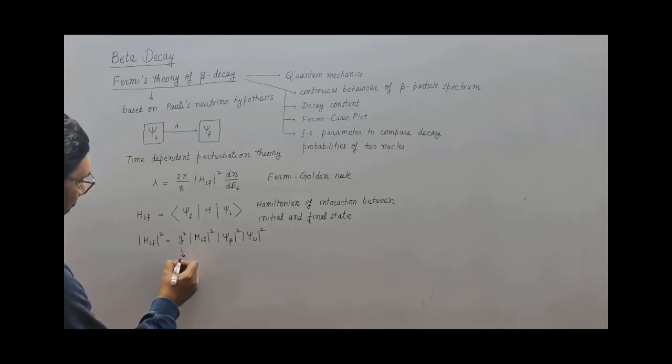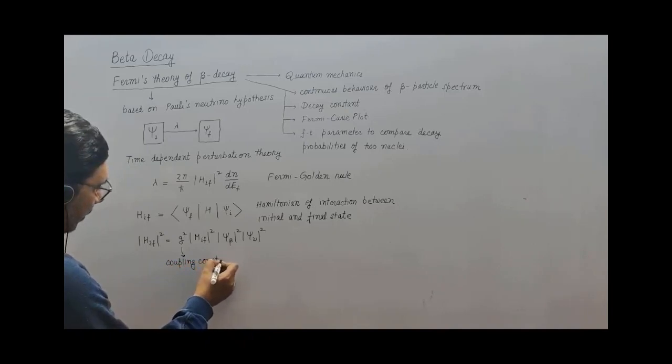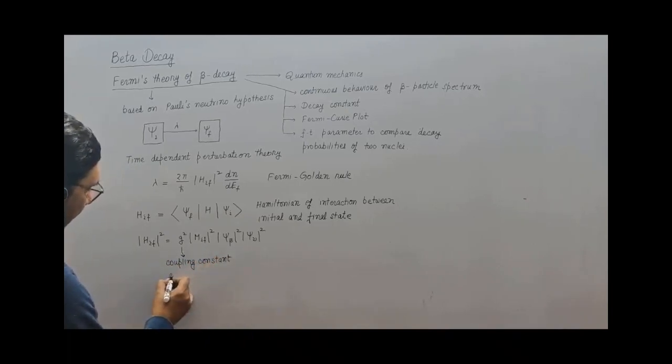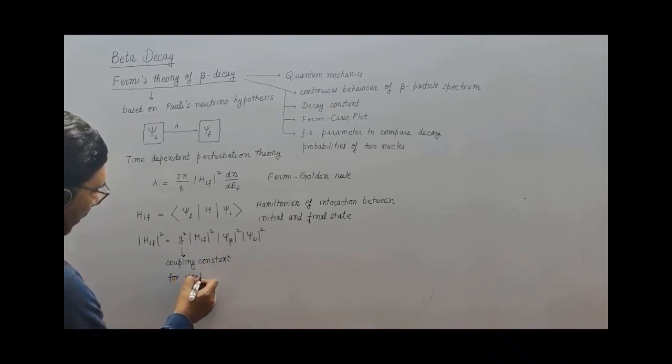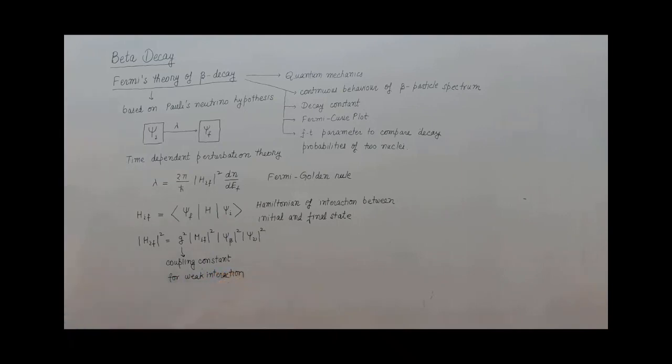This G is basically the coupling constant for weak interaction. Its value is nearly 10 to the power minus 49, in gram centimeter to the power 5 second to the power minus 2. So this is the value of the coupling constant for weak interaction.